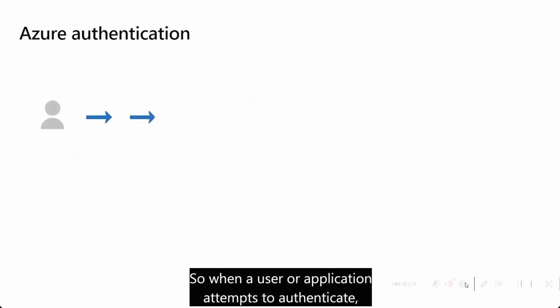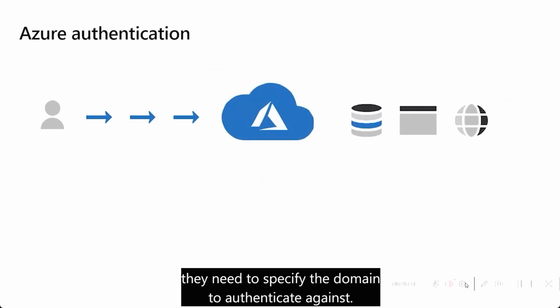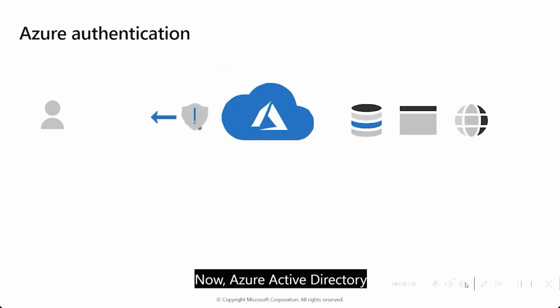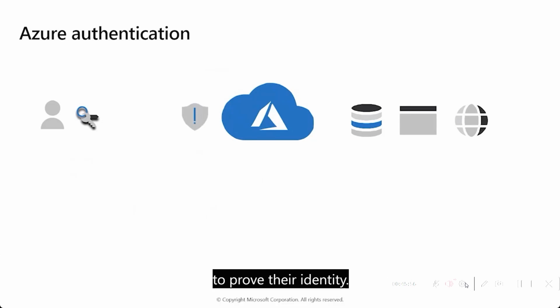When a user or application attempts to authenticate, they need to specify the domain to authenticate against. Now, Azure Active Directory will typically require the user or the application to provide some credentials, often a password, to prove their identity.